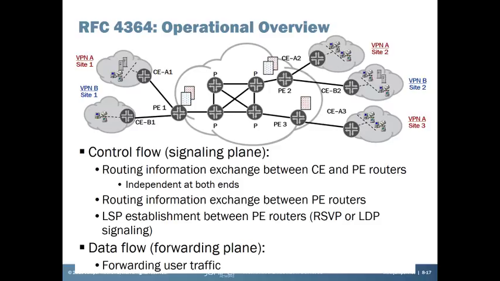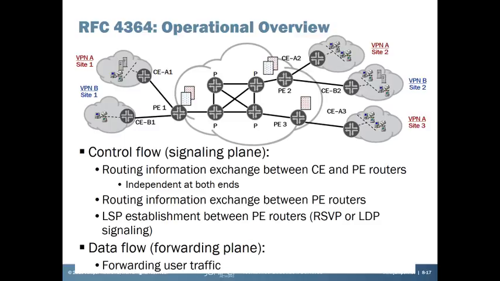So that is exchanged across that particular link. The routing information between the PE routers is exchanged as we've just described, using the route distinguisher and using multi-protocol BGP. The LSPs are established between the PE routers using RSVP or LDP. In our labs, we're going to use RSVP for that.